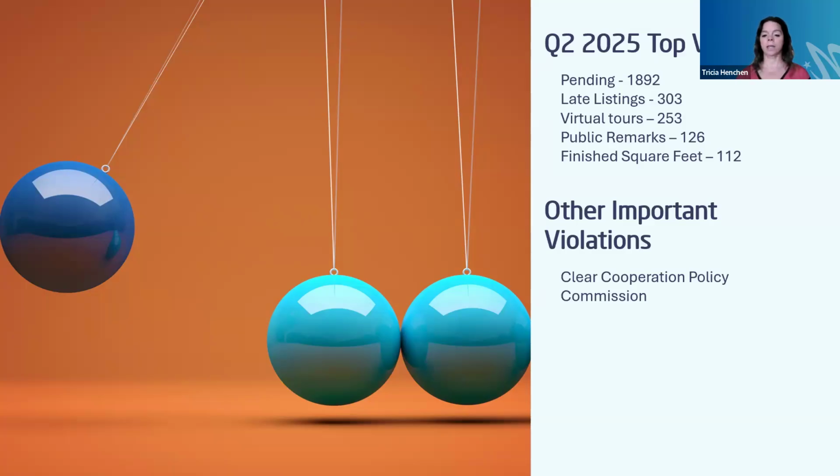And again, the other two that we don't send a lot of them, but we send enough and we should not be having to send them, again, is the clear cooperation policy. We do not send them unless we have proof. So just please know that that is our process. I know people want to know if we're sending them, why aren't we sending them faster? And everything that happens is confidential.